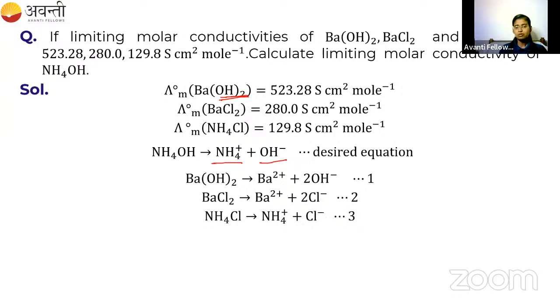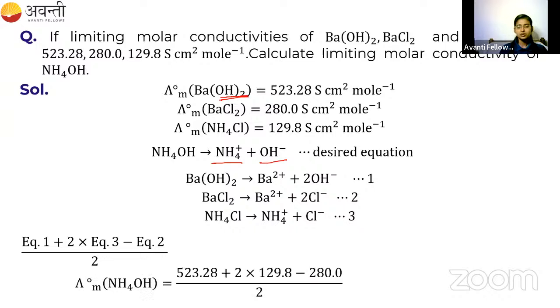Now, if you do equation 1 plus 3 and subtract equation 2 from that, and divide by 2, you will get the value for NH4OH. Clear?